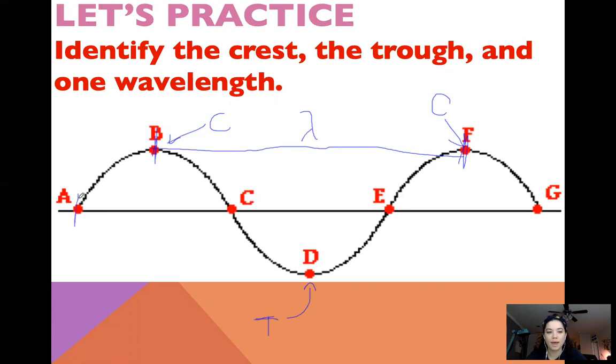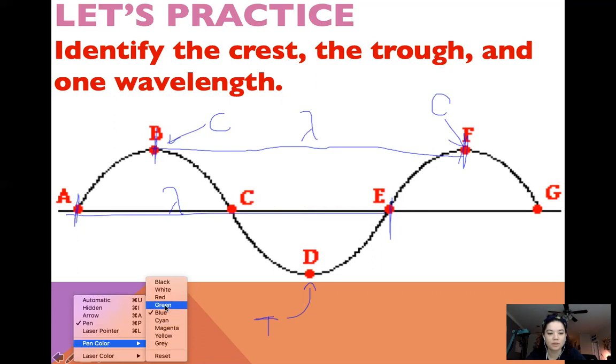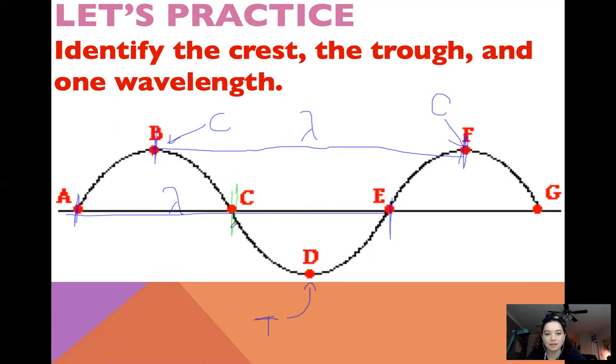I can go from A to E and say this is one wavelength. Or we could also go from C to G as one wavelength, okay? When you are picking from midpoints, you need 1, 2, 3 total.